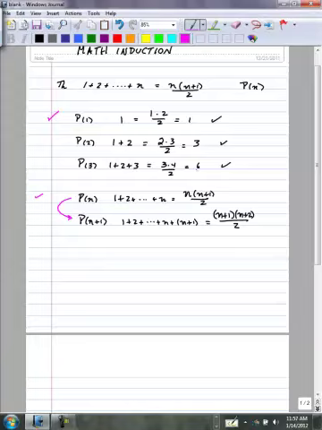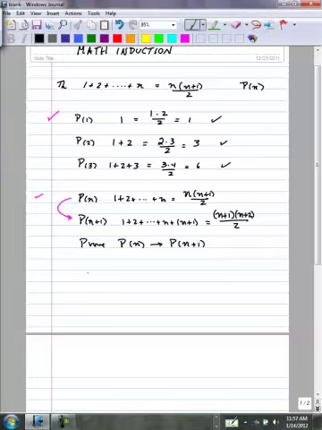P of 3 would have to imply P of 4. So the real big part then of the proof is going to be, can we prove, this is the key right now, can we prove this, that whenever P of n is true, P of n plus 1 will be true as well. That's what it all boils down to for us.